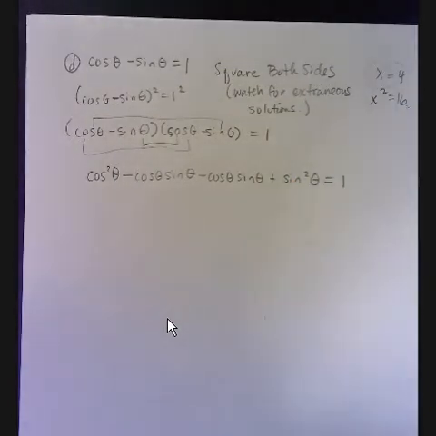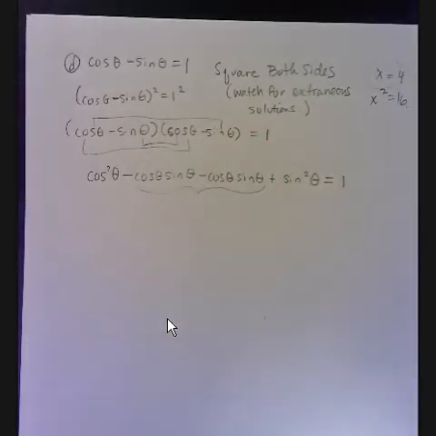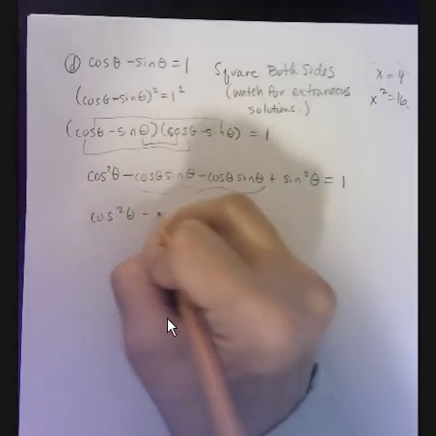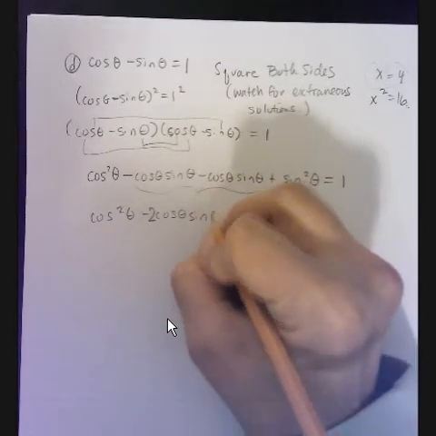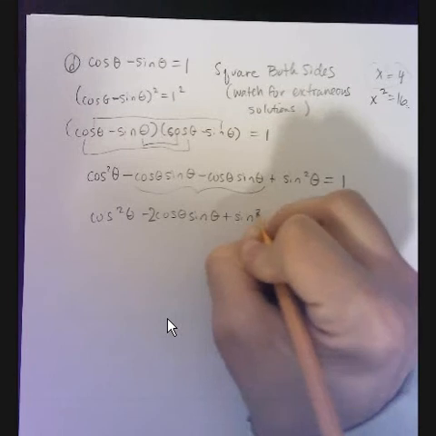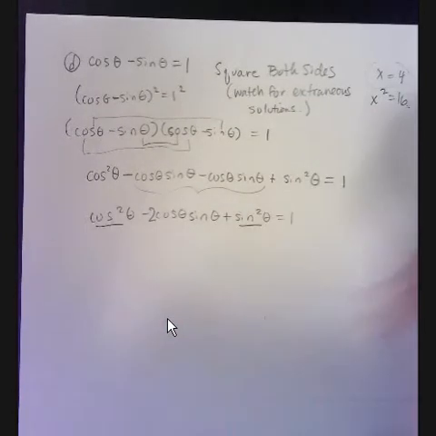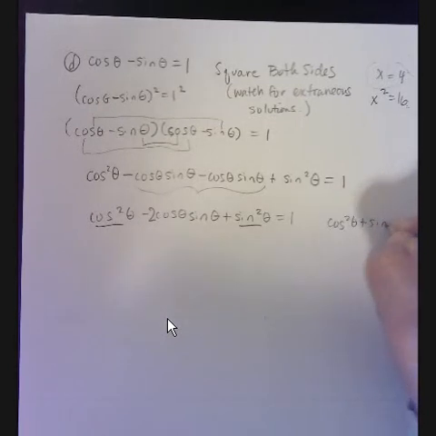Notice these two middle ones are like terms, so we're going to add those up. Oops, two of those, right? Okay, well that looks more complicated than what we started with. But notice you have cosine squared theta plus sine squared theta here, and those two expressions always add up to 1.